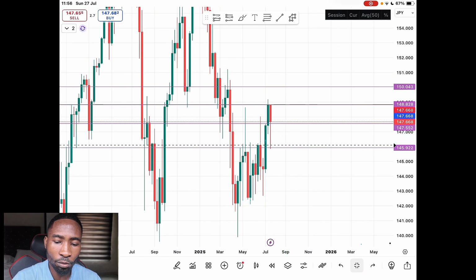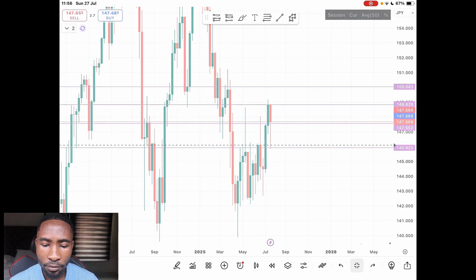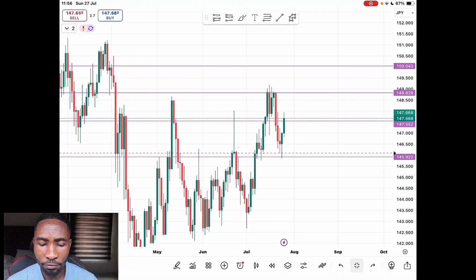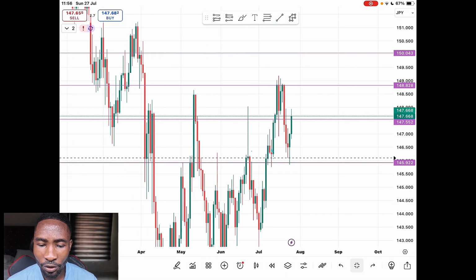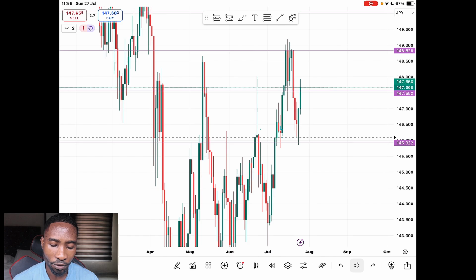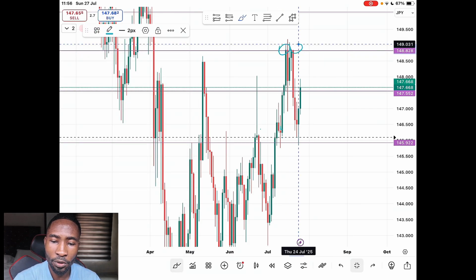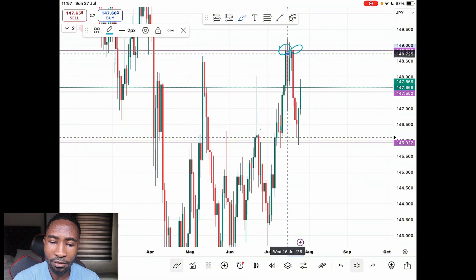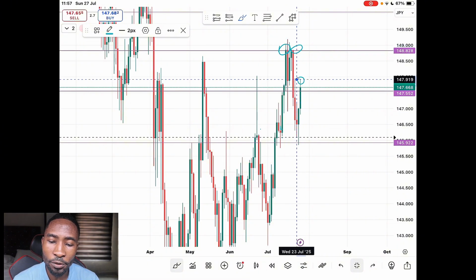Then, moving to daily time frame, we can see the pattern the daily time frame is creating for us. As you can see, we have a double top right here, and the market is giving us a retest. And what do you expect after a retest?